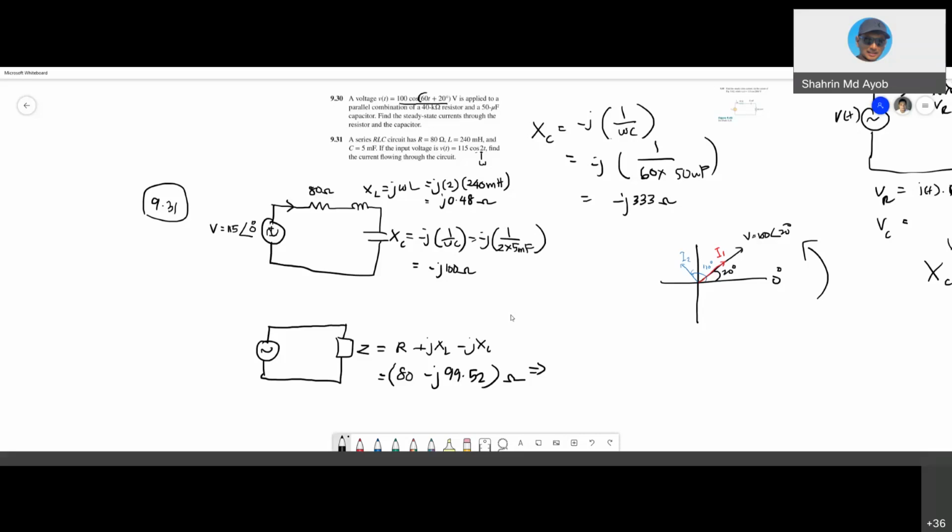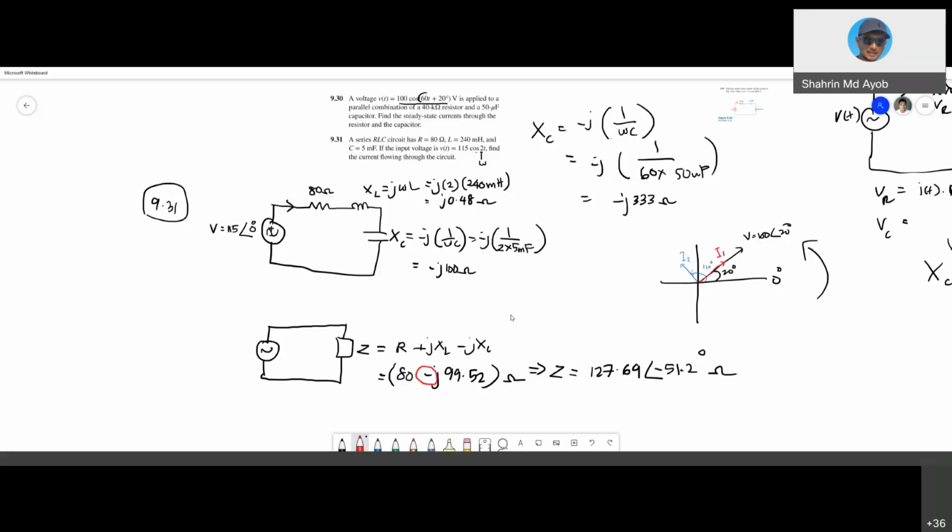You can try now. 80 minus 99.52 j, and then convert into polar form. So right now, this is your Z in polar form: 127.69 with an angle of negative 51.2 ohm.